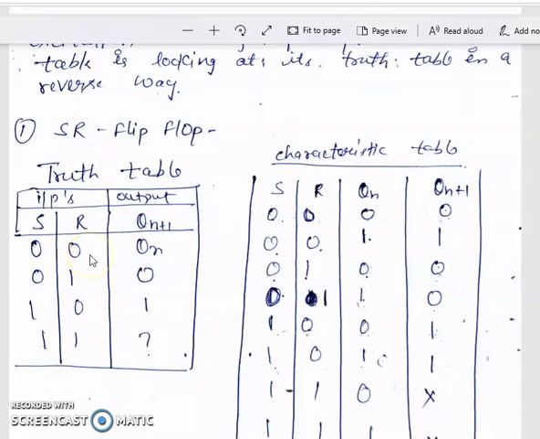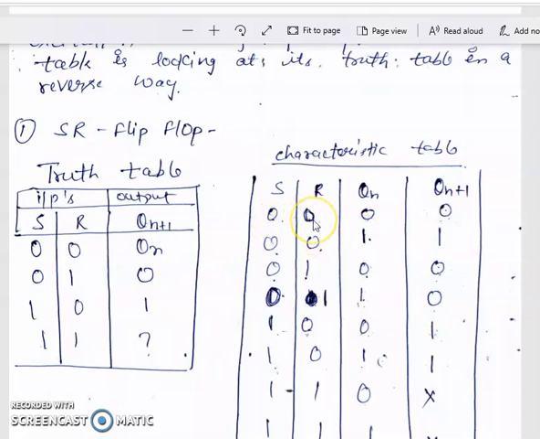For this combination Qn will be 0 and 1, for this combination Qn will be 0 and 1, also for this and also for this. So the characteristic table is an extension of the truth table: the 4 rows here become 8 rows because Qn has two values for the particular flip-flop.